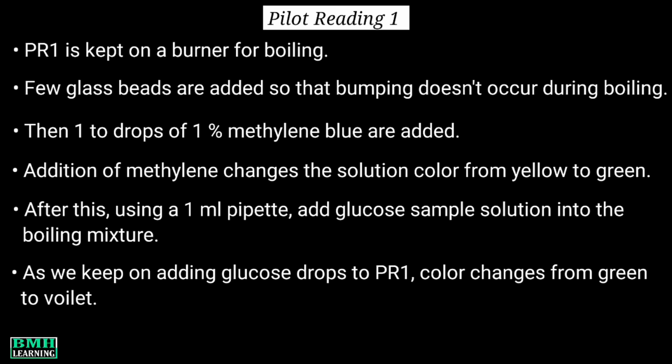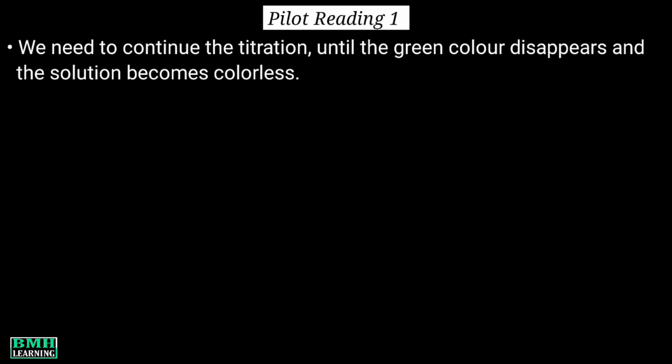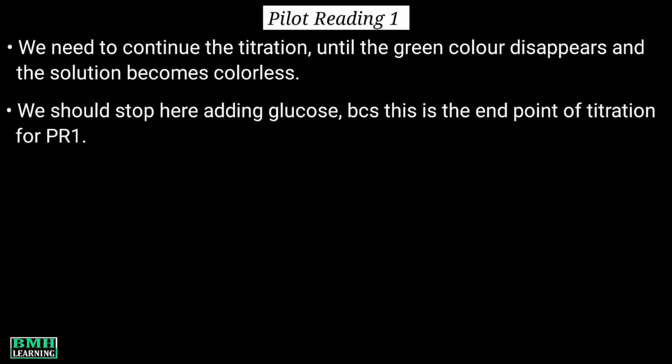As we keep on adding glucose drops to the PR1, the color changes from green to violet. We need to continue the titration until the green color disappears and the solution becomes colorless. We should stop adding glucose here because this is the end point of titration for PR1.